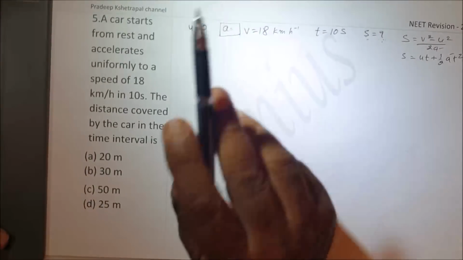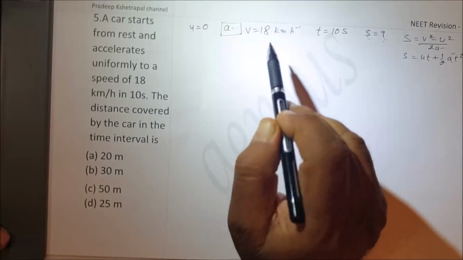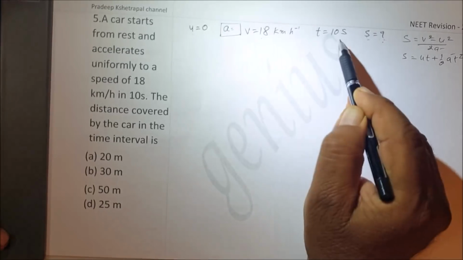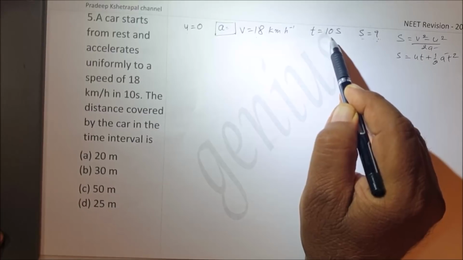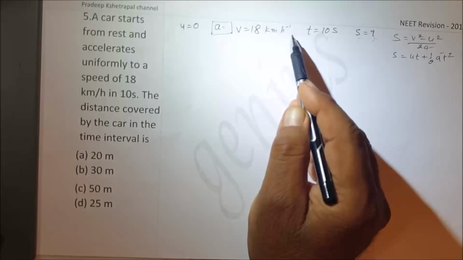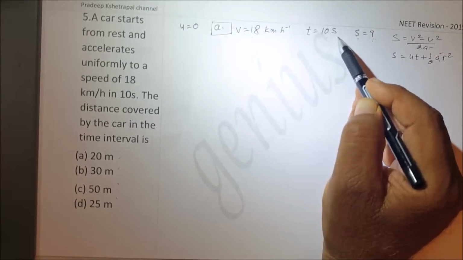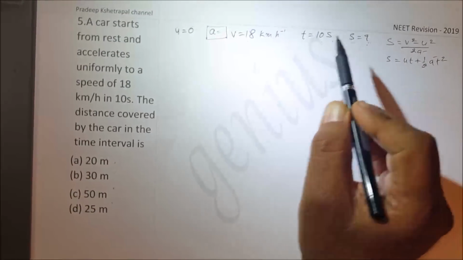So the relation with A, what is the first equation? V is equal to U plus AT. We have the value of V, we have the value of U, and we have the value of T, so we can always find out A with help of it. Now let us do it, but all our answers are in meter, the time is in second, therefore it is working in SI system.